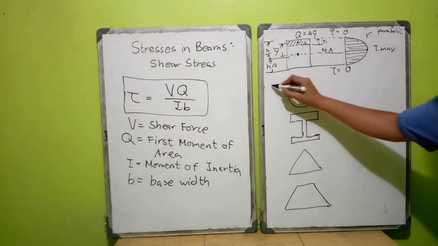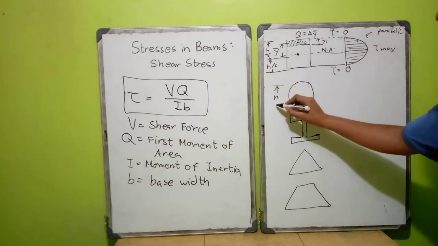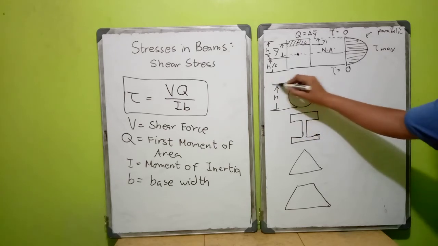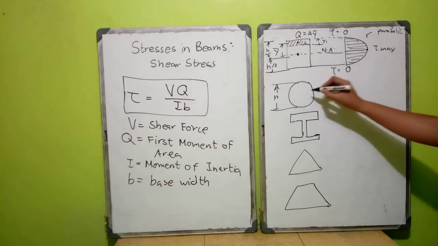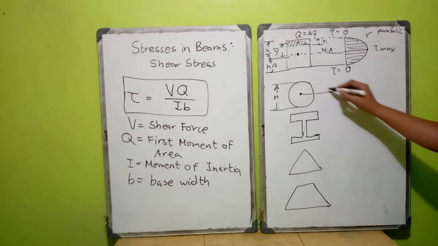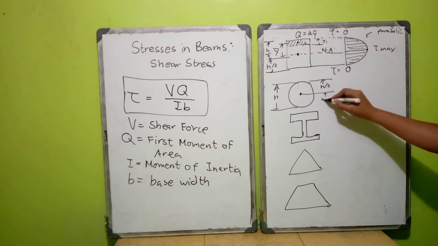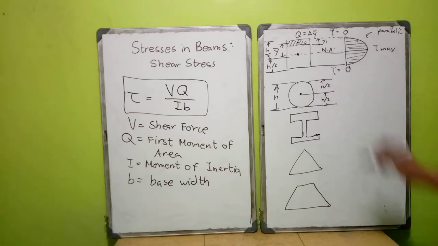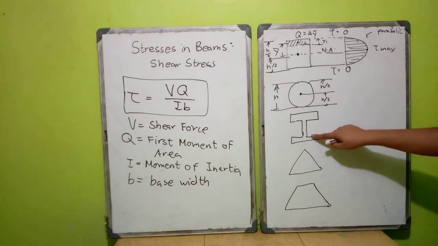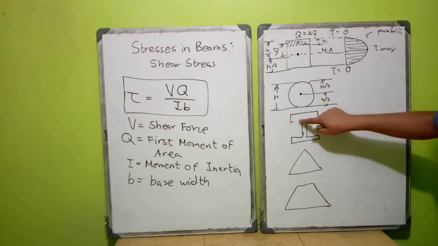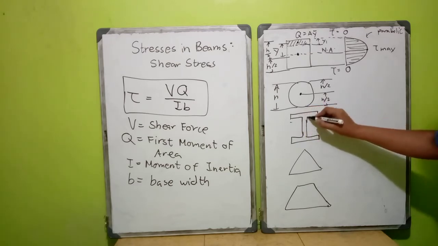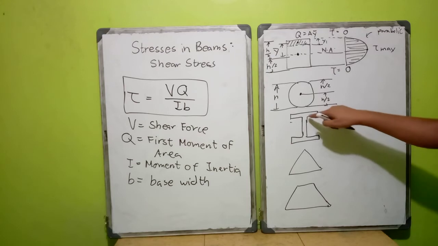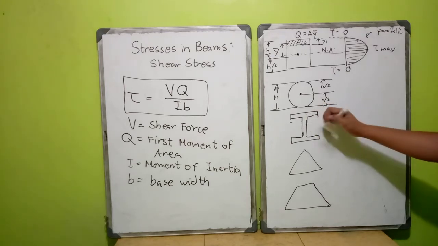So also for a circular cross section, its centroid, or the location of its neutral axis, is at the mid height also. If your I-beam, for I sections which have a uniform thickness of the webs, these are the webs and the flange.